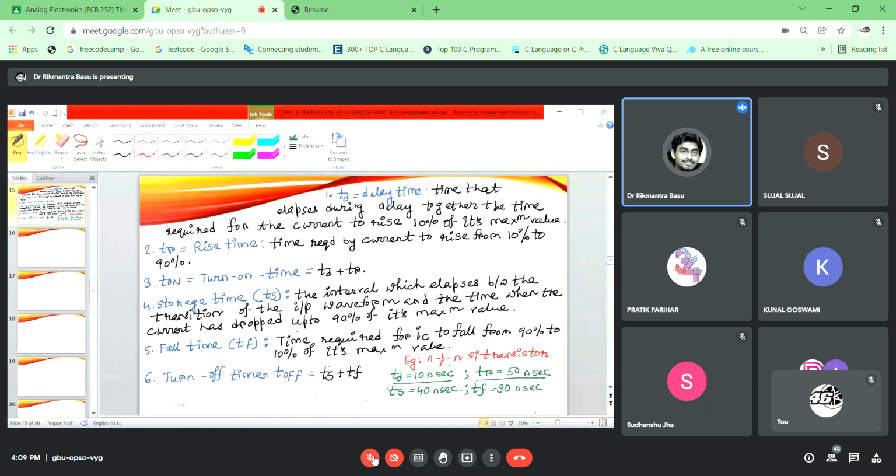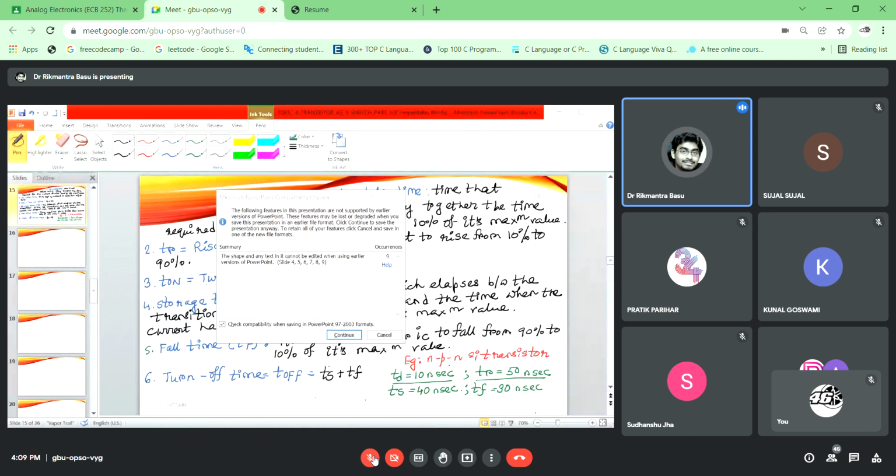So those are the different contributions of the transistor switching times, which actually tell you how fast your transistor can act as a switch or how slow your transistor can act as a switch.